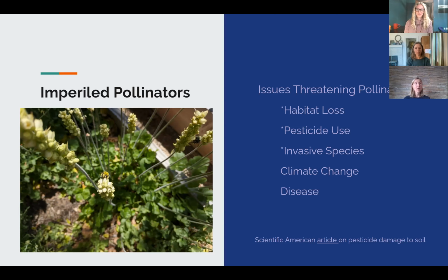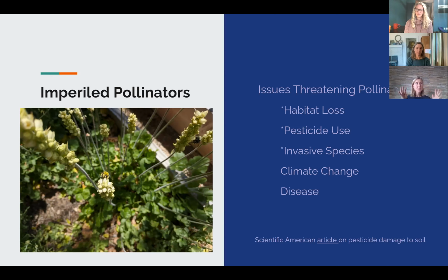We have identified at least 5 things that are affecting pollinators. Habitat loss is considered to be the main driver of pollinator loss. And it can sound a bit ambiguous or vague, but we've lost about 150 million acres in this country to urbanization over the last 100 years.